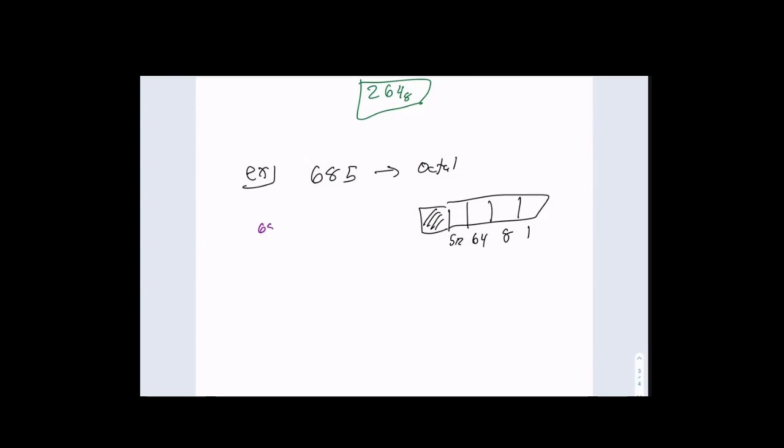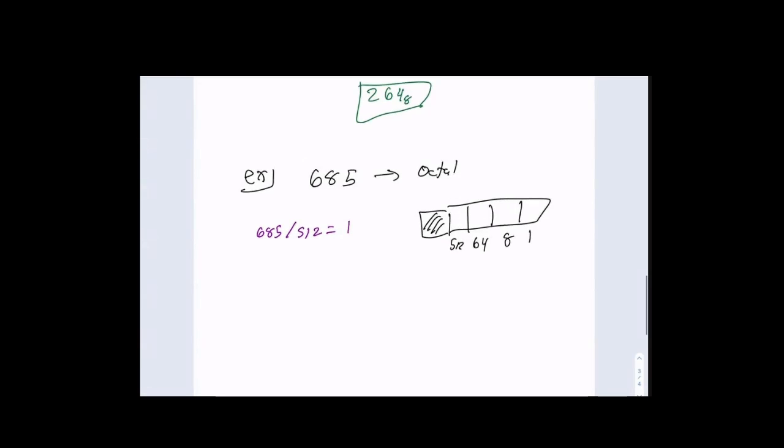So 685 divided by 512 gives me what? Now, you're not writing a decimal. We want to write in remainder form. So how many times does 512 go into 685? Once. And what is the remainder that I get? If you're wondering how to find the remainder, 512 times 1 is 512, so it's just 685 minus 512.